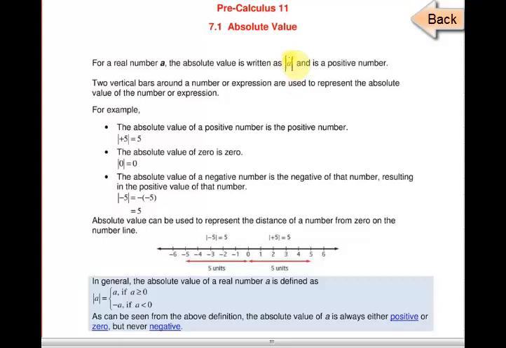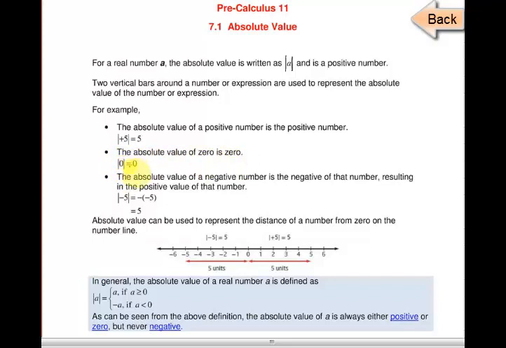So for example, the absolute value of a positive number is a positive number. If you take a look, we have the absolute value of positive 5, that's equal to 5. The absolute value of 0 is 0, and so you put the bars on either side of the 0.